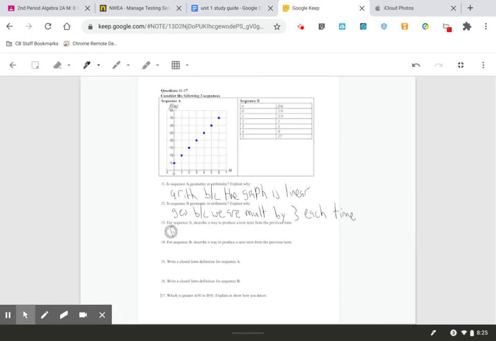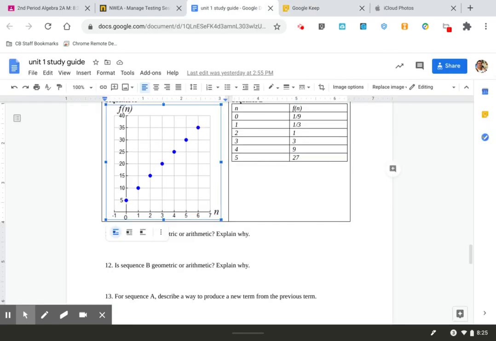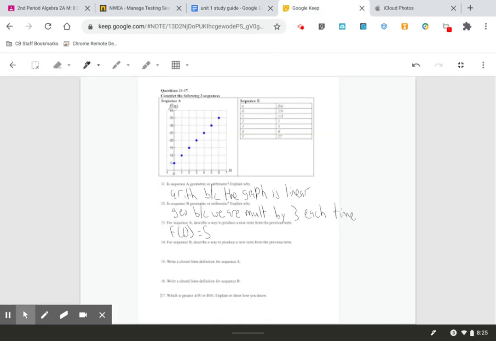So my f of 0 is going to be equal to 5. And then what are we going up by? Notice we go from 5 to 10 to 15 to 20. So it looks like we're going up by 5. So f of n is going to be equal to f of n minus 1 plus 5.